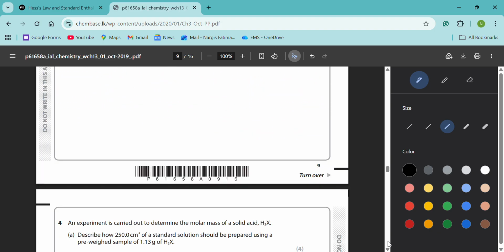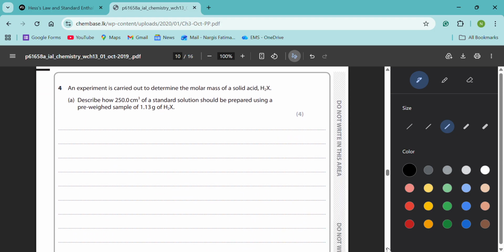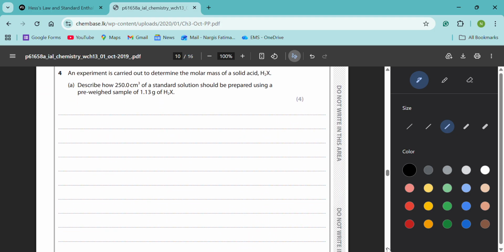Now move on to question number 4. An experiment is carried out to determine the molar mass of a solid acid H2X. Describe how 250 centimeter cube of standard solution should be prepared using a pre-weighed sample of 1.13 grams of H2X. Okay, they have given you a solid acid H2X and you need to prepare its standard solution, and the total volume must be 250 centimeter cube.